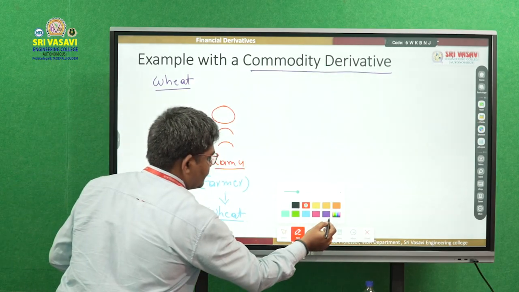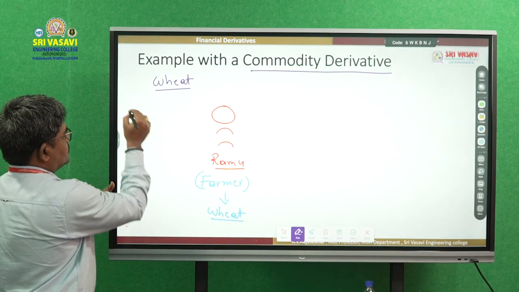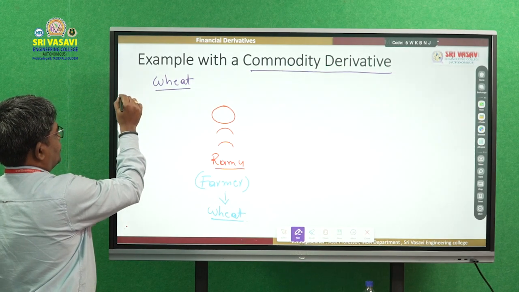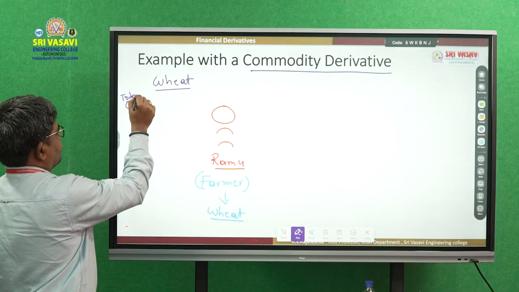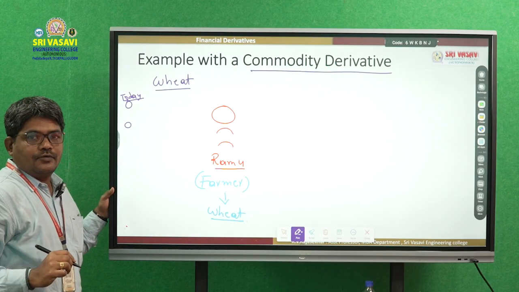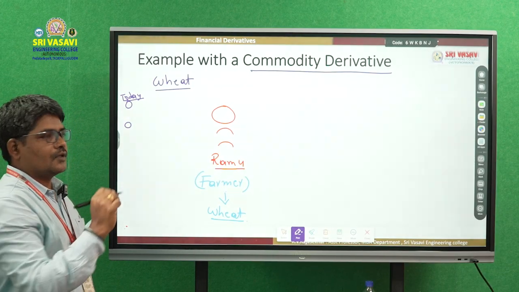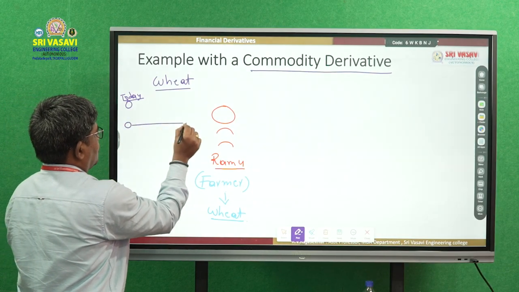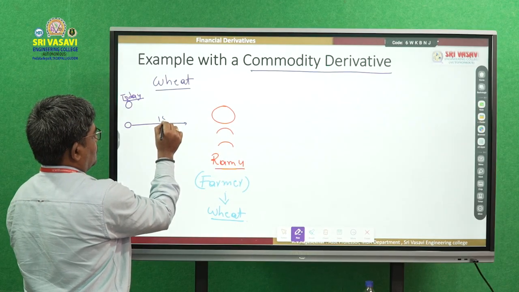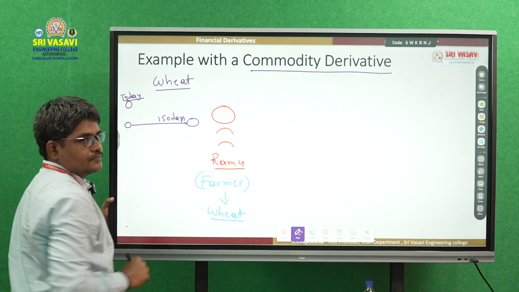Now today, I assume that today means day 0. That's today. Today Ramu started his cultivation of wheat. It takes almost, I assume, 150 days to receive the output.